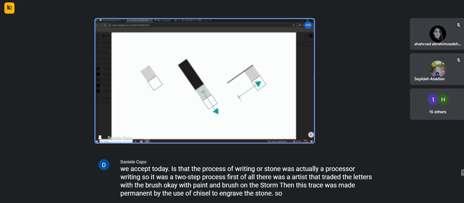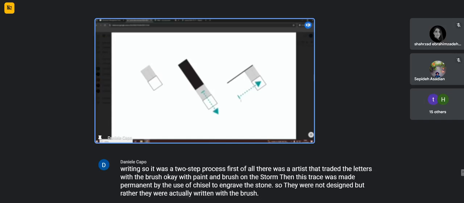So they were not designed, but rather they were actually written with a brush. Now, this brush is a flat and thin brush.